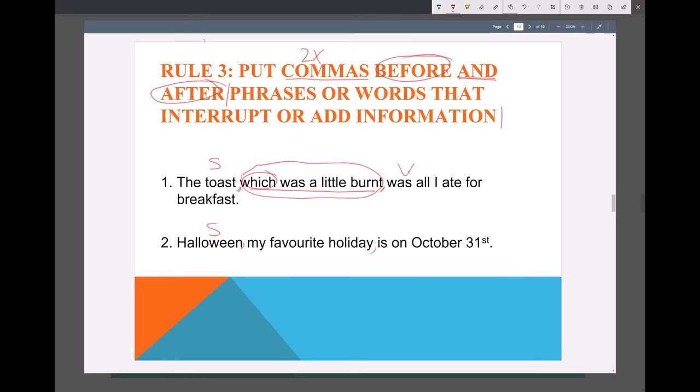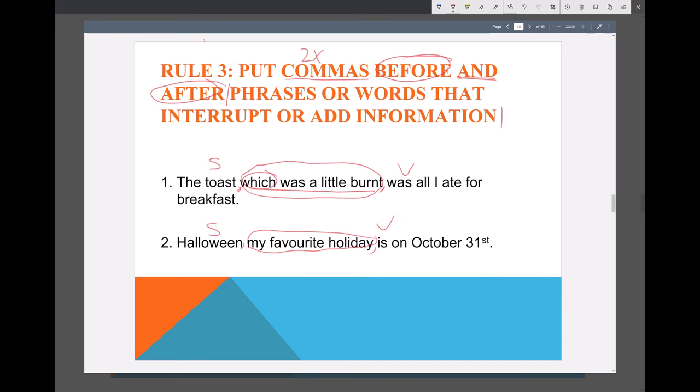Halloween is the subject, and the verb is is on October 31st. And what about Halloween? Well, the writer says it is his or her favorite holiday. So a good way to check this is if you take out the interrupting phrases and the commas, the rest of the sentence should still be a sentence.